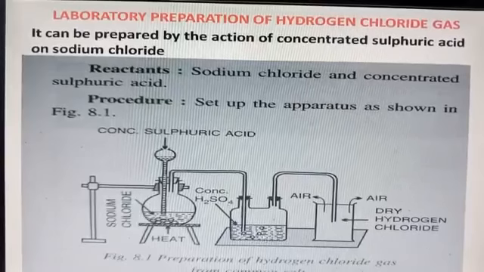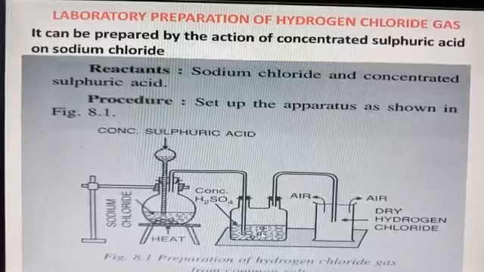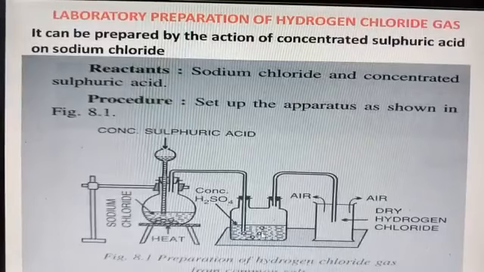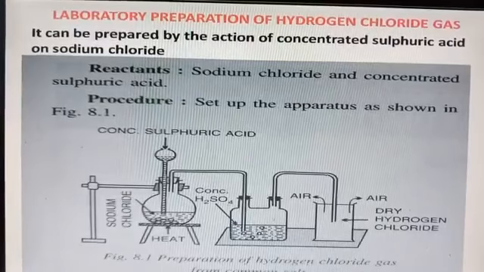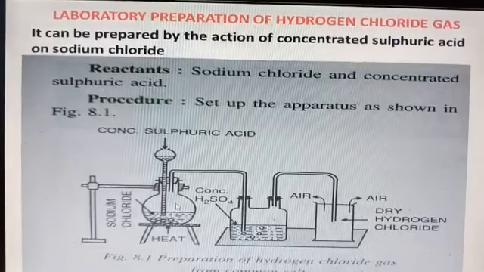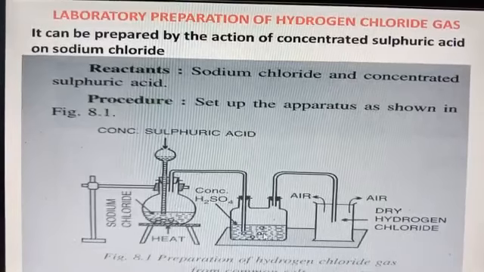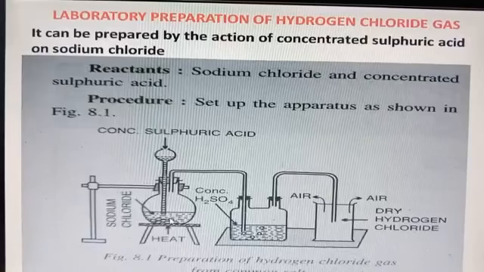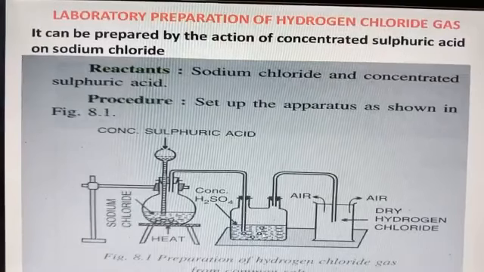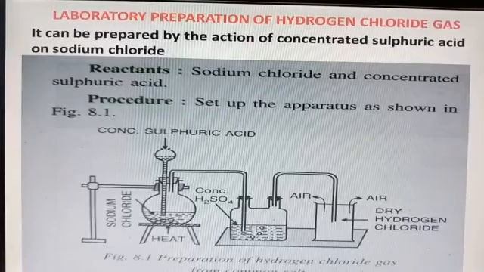So why have we kept concentrated sulfuric acid? You may ask, why are we passing the gas that is formed here to concentrated sulfuric acid again, though it is formed from concentrated sulfuric acid only? The reason is to make the gas dry.